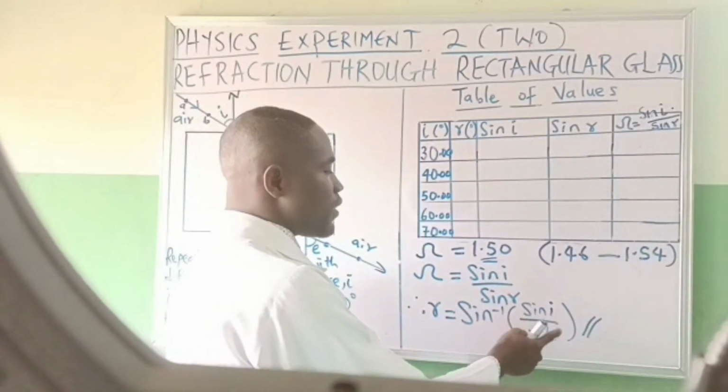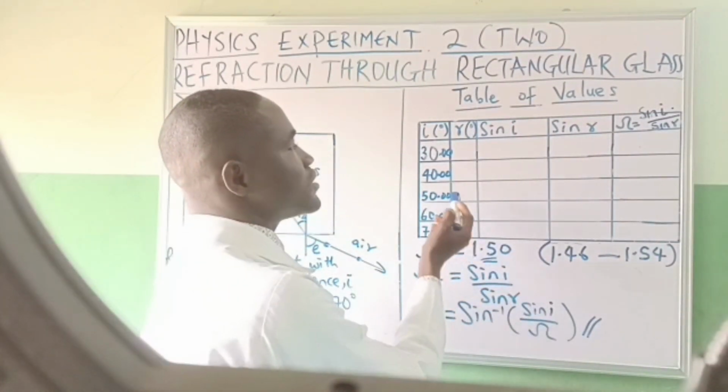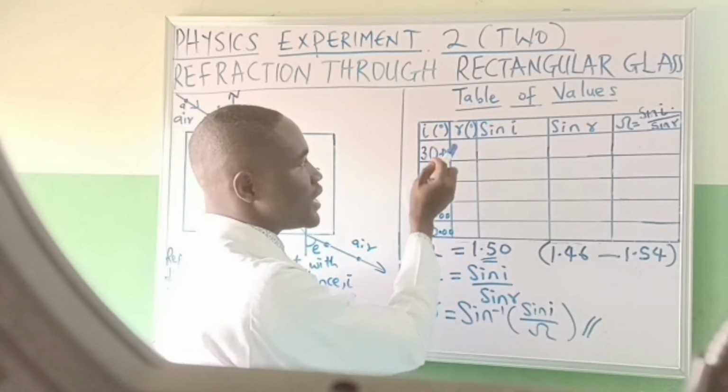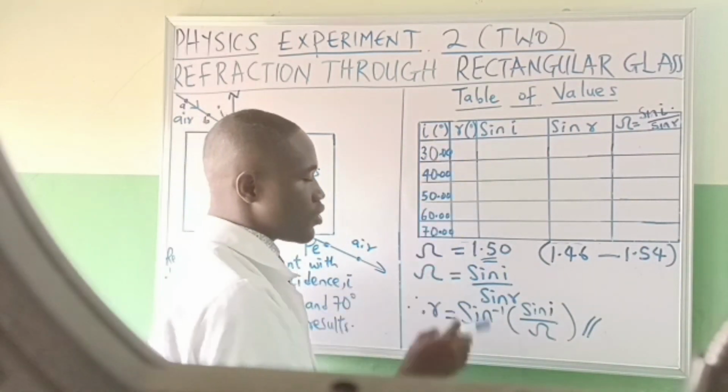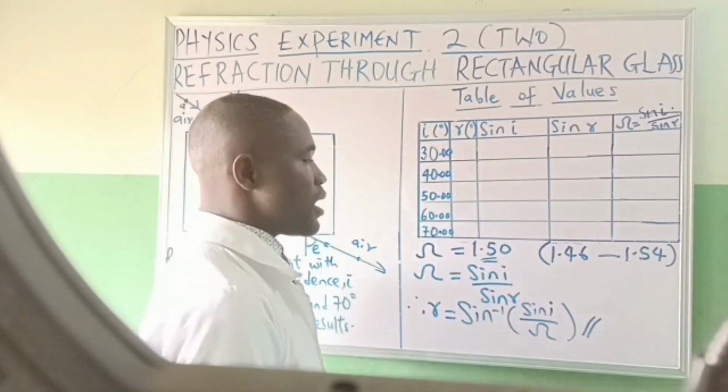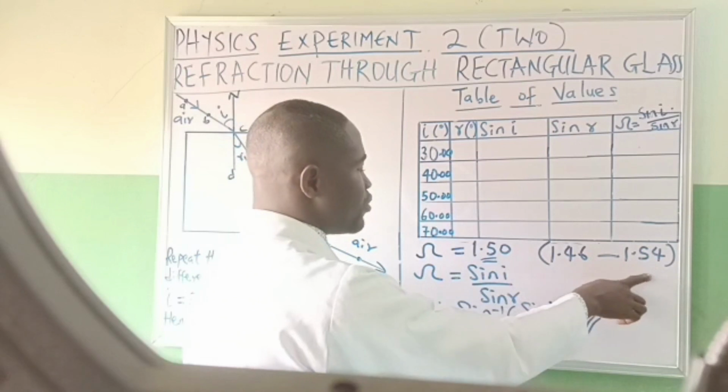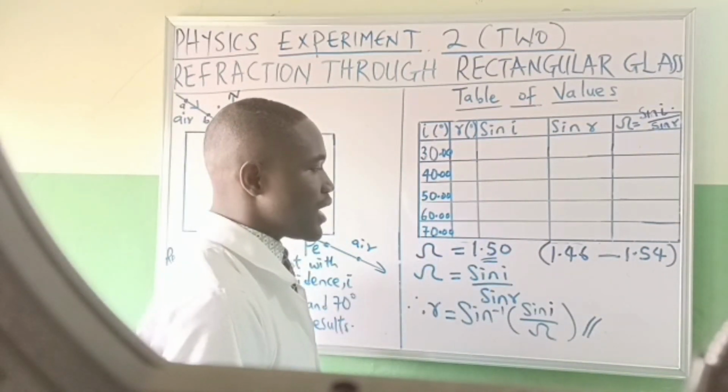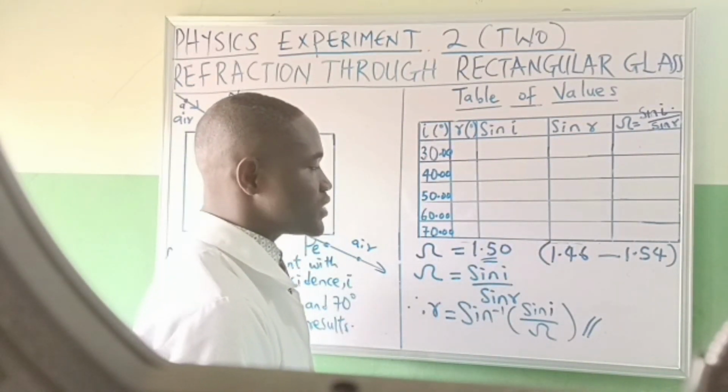So this is the formula we are to use to get the value for each of the spaces in this column for refracted angle. Now, remember we said this is the possible range for the refractive index of a rectangular glass prism.